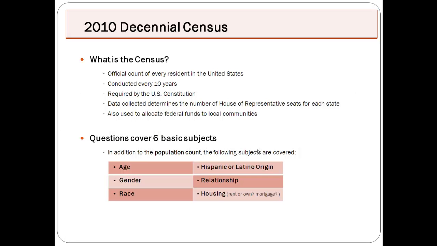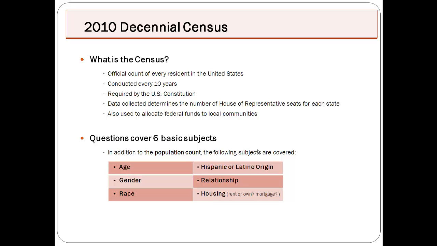The decennial census of the United States, which is conducted every 10 years, generates one of the largest collections of U.S. demographic data. This official count of the population is mandated by the U.S. Constitution, and one of its primary purposes is to allocate congressional seats.